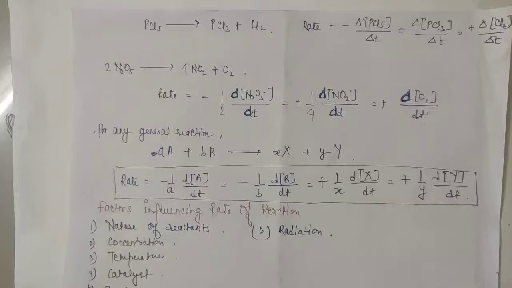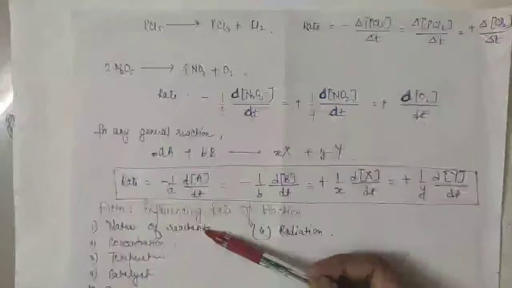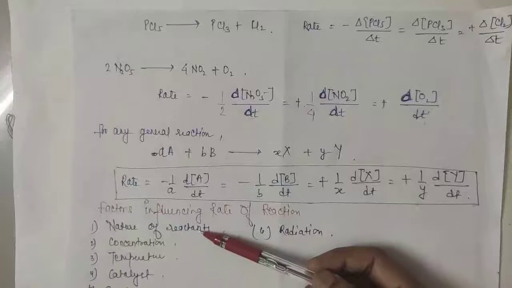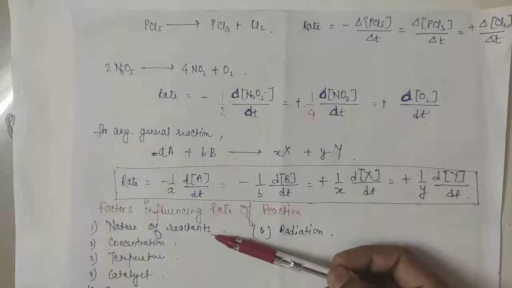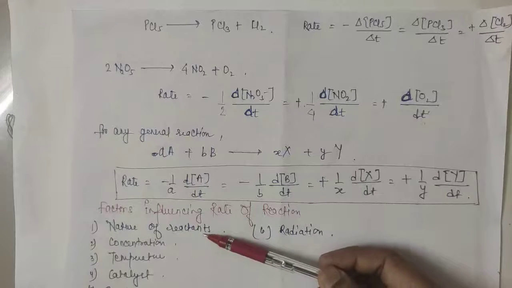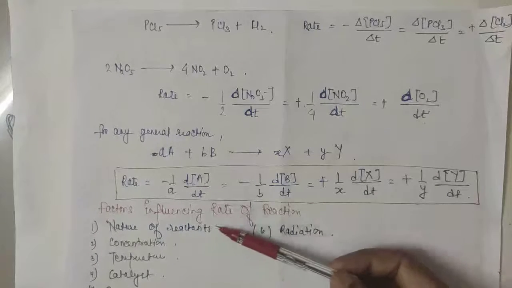Now let us see what are the factors that influence the rate of reaction. First is the nature of reactant. Different types of reactants have different types of bonds. The easier it is to break the bond, the faster is the reaction. If the bonds are stronger, then more energy is needed and the rate of reaction will be slow.